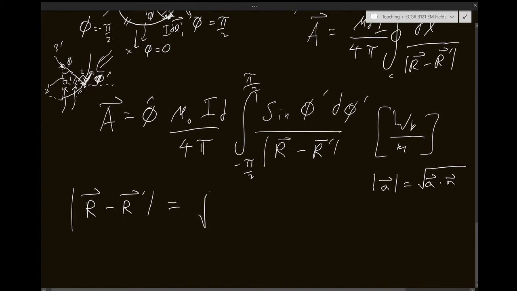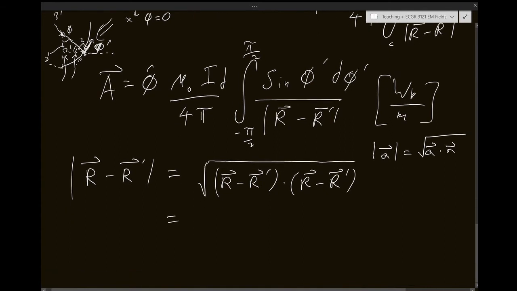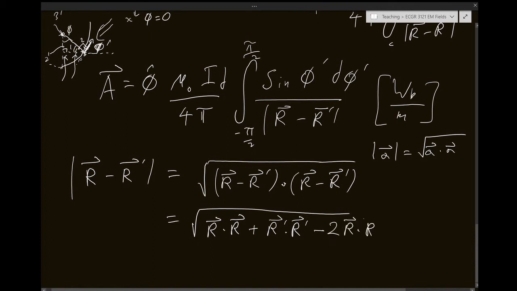So I can write this as magnitude r minus r prime dot r minus r prime, and just apply the distributive law. So I end up with r dot r plus r prime dot r prime minus 2r dot r prime.